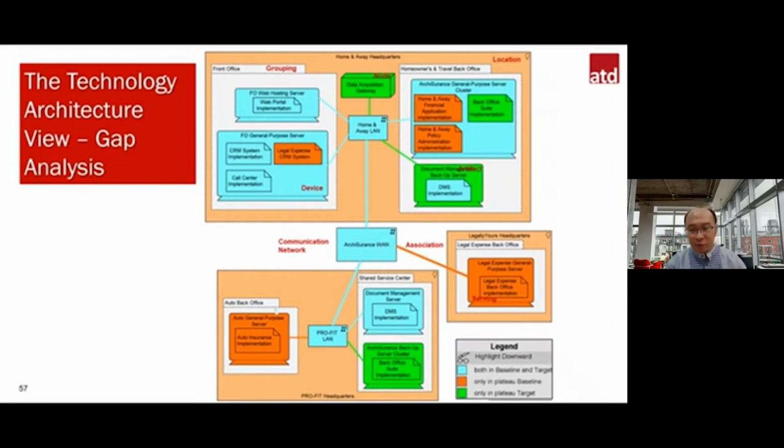As you can see here at the bottom, they have both baseline and target. The blue one remains, the red one is going to be decommissioned, and the green one is the new system to be acquired, purchased, or built. So you can see here how the enterprise architecture addresses the gap analysis for the technology architecture.